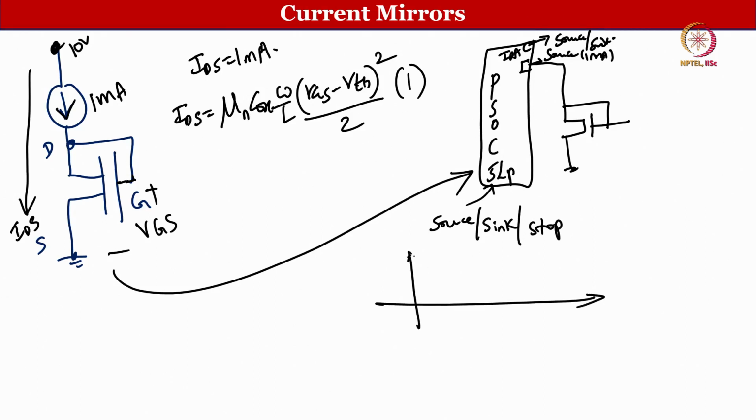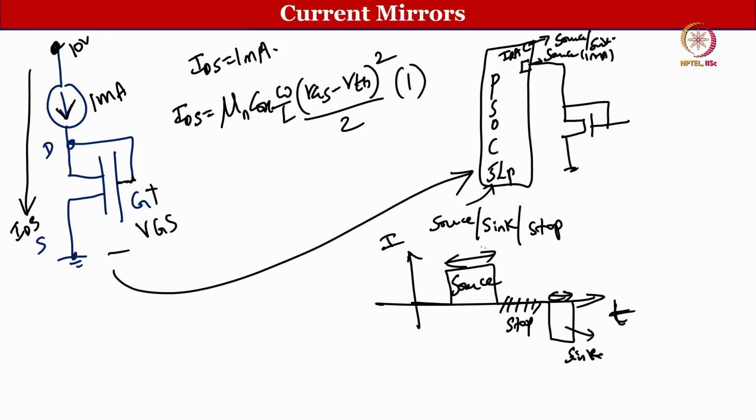So, if I take I versus T, for example, I can make it a source, I can make it a sink, I can stop it also, whatever it is, I can play around with that. The on time of the anodal pulse, the on time of the cathodal pulse, and the off time, anything can be programmed in real time, right.